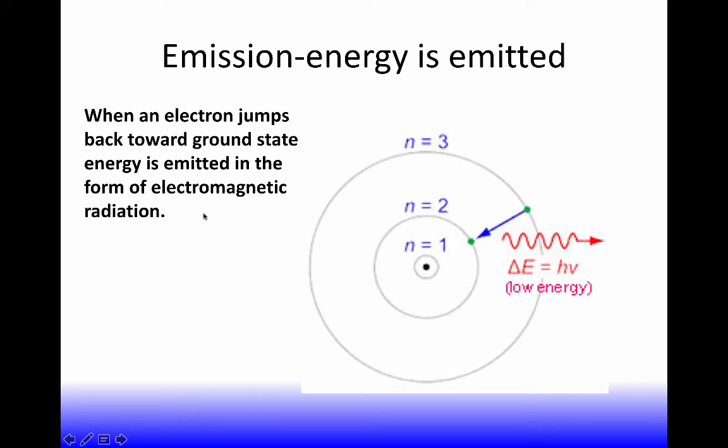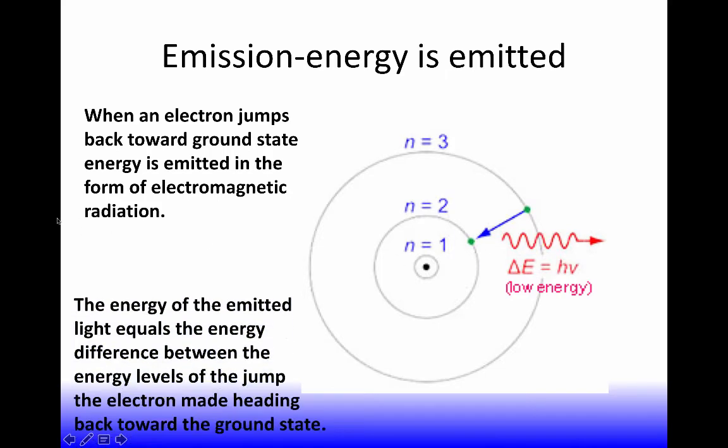Remember, energy is never lost from the universe or from any system, all right? Any energy that was absorbed when it knocked it from the 1st out to the 3rd is going to be emitted. In this case, some of it will come from going from the 3rd to the 2nd, and the rest will come when it comes back down to the 1st. We never actually lose any energy.